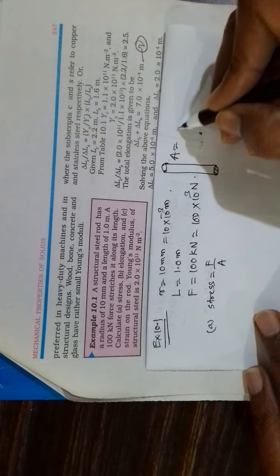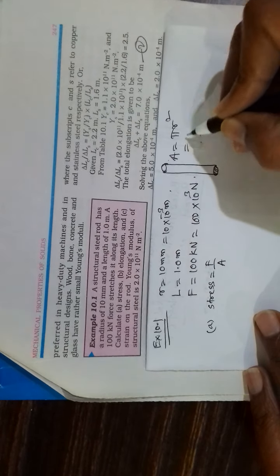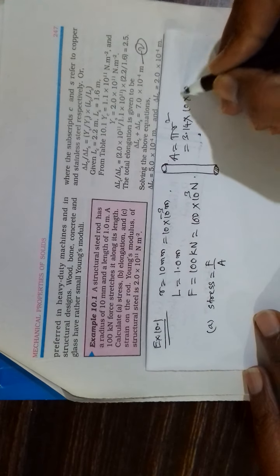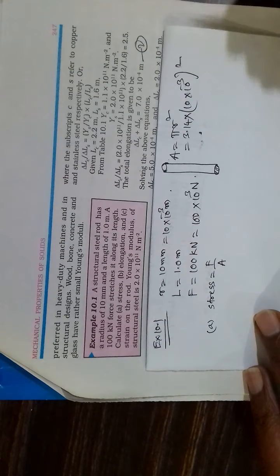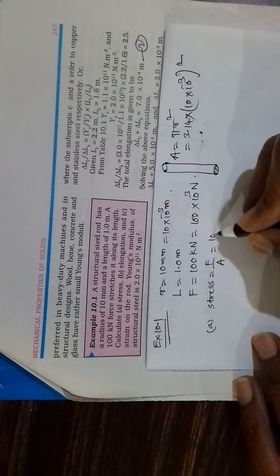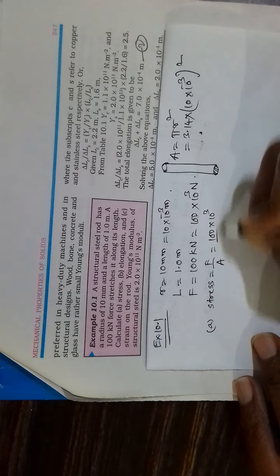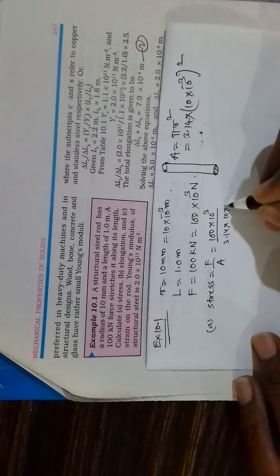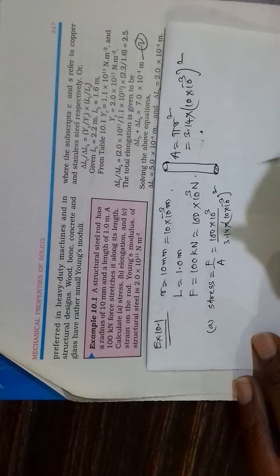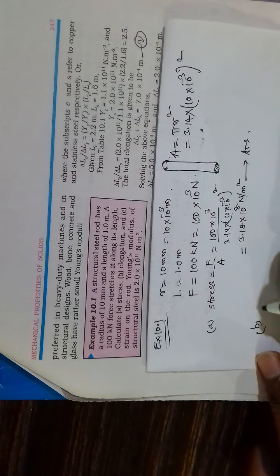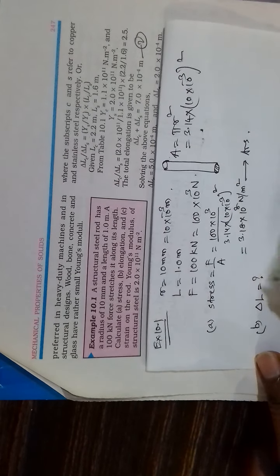Therefore, area of cross section is pi r square, 3.14 into radius 10 into 10 power minus 3 whole square. Now substituting the values, we have 100 into 10 power 3 and area 3.14 into 10 into 10 power minus 3 whole square. So we get the stress.